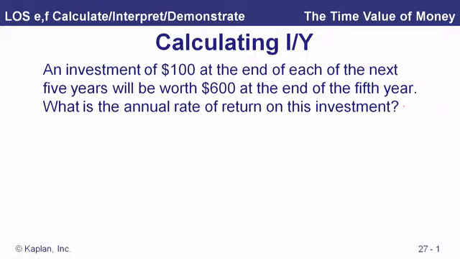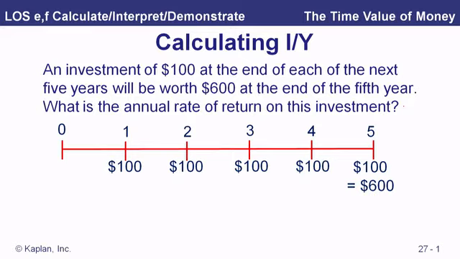And here we can calculate the interest rate given the other 4 inputs. An investment of $100 at the end of each of the next 5 years, that looks like a 5-year ordinary annuity, will be worth $600 at the end of the 5th year. What's the annual rate of return being earned here?